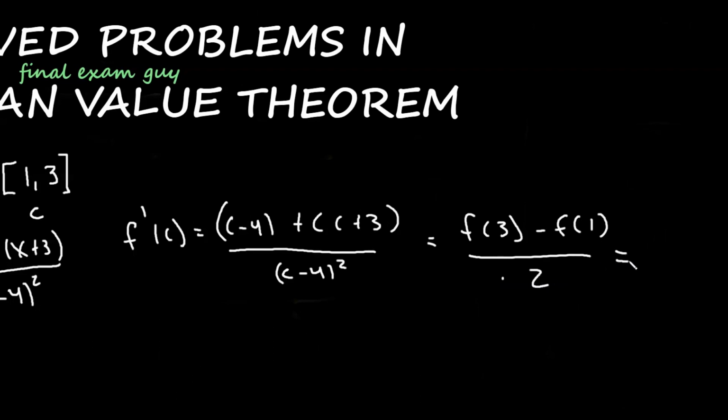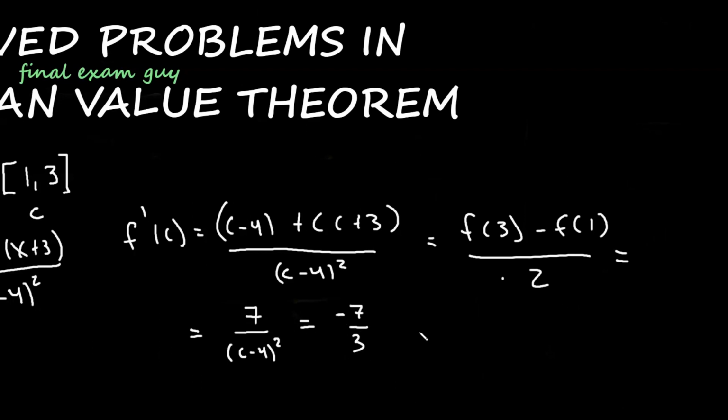Alright, so this first term here just reduces to 7 over c minus 4 squared, and then that must equal negative 7 by 3.